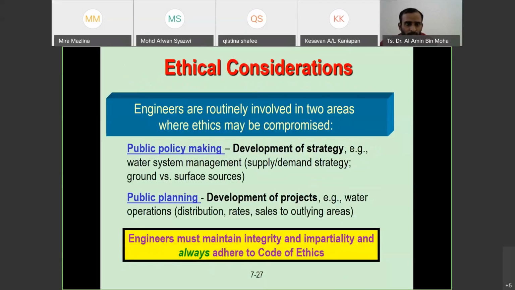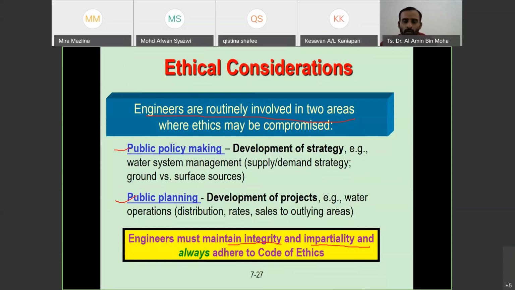And the last part is ethical consideration. I think this is more the theory part. We know that in public policy making and public planning, we as engineers are routinely involved in these 2 areas. So we all need to always maintain integrity and impartiality and always adhere to the code of ethics.